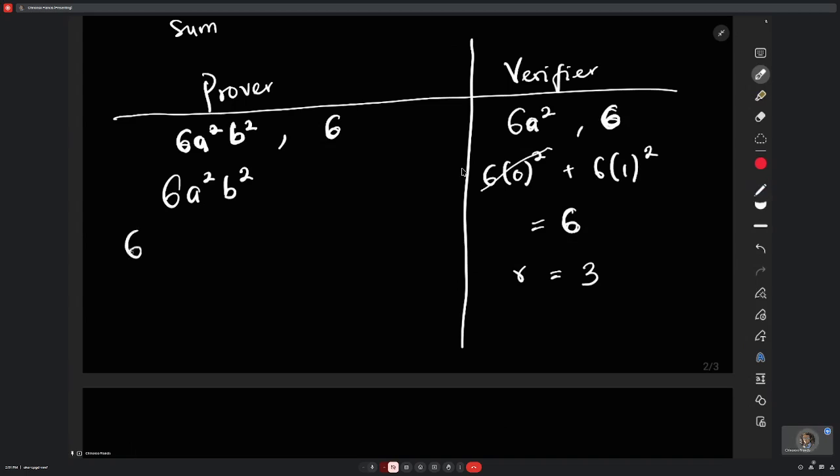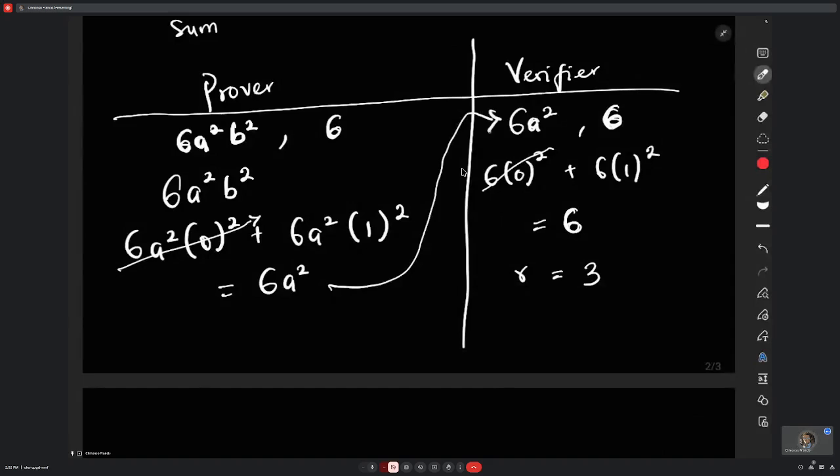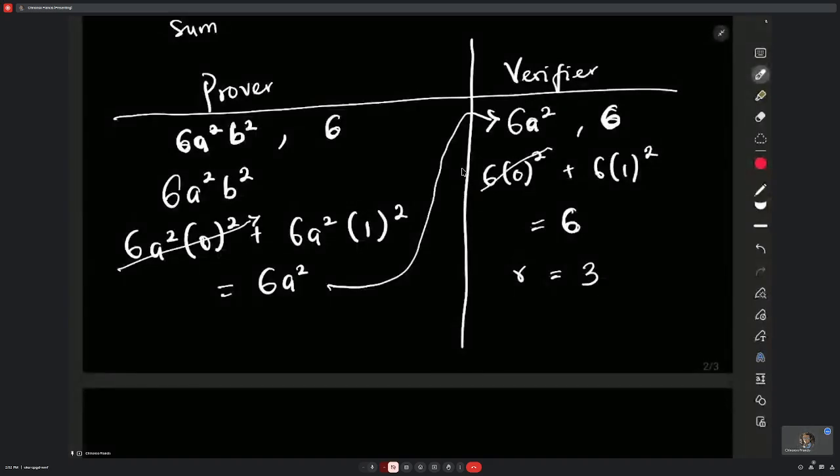That's 6a square, with b evaluated at 0 plus 1. This guy goes out, so we're left with 6a square, which he sends to the verifier. Does it make sense now?